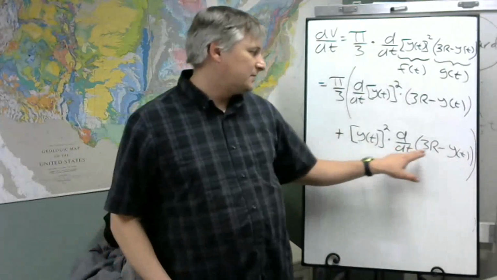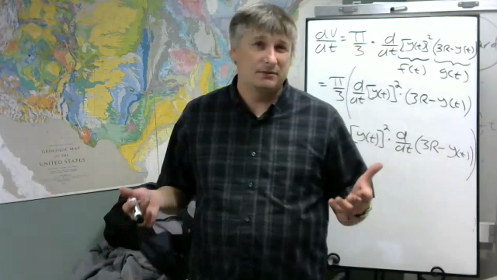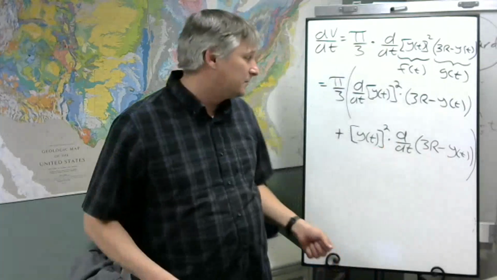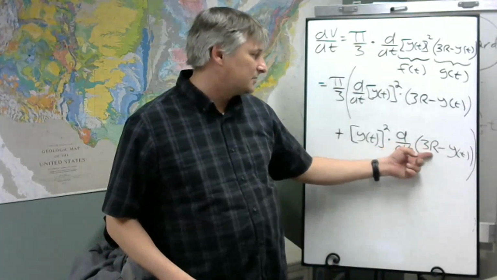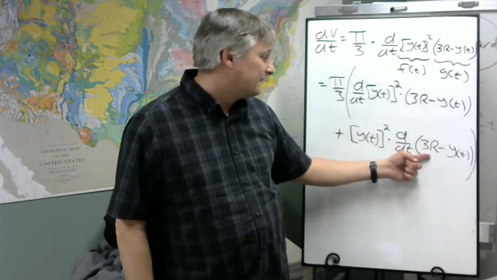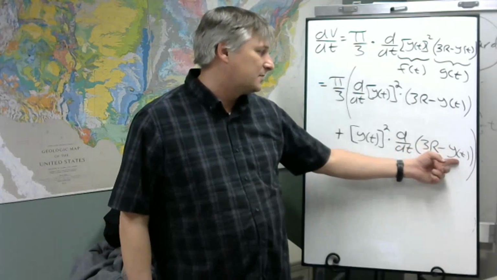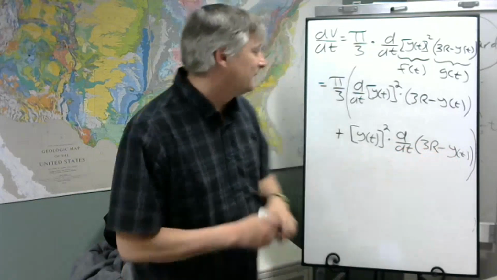This is a difference, so the derivative of the difference is the difference of the derivatives. The derivative of a constant, remember r is going to be 13, is 0, and then this will be the dy/dt.